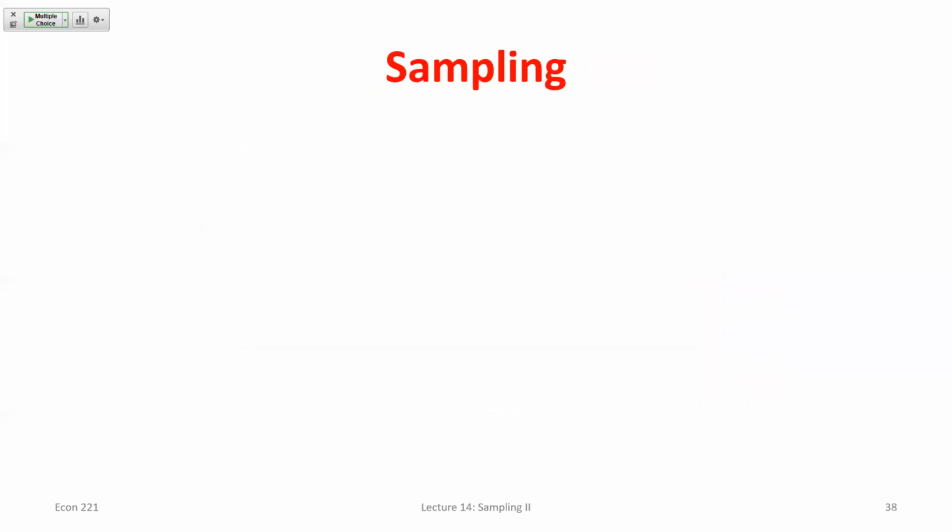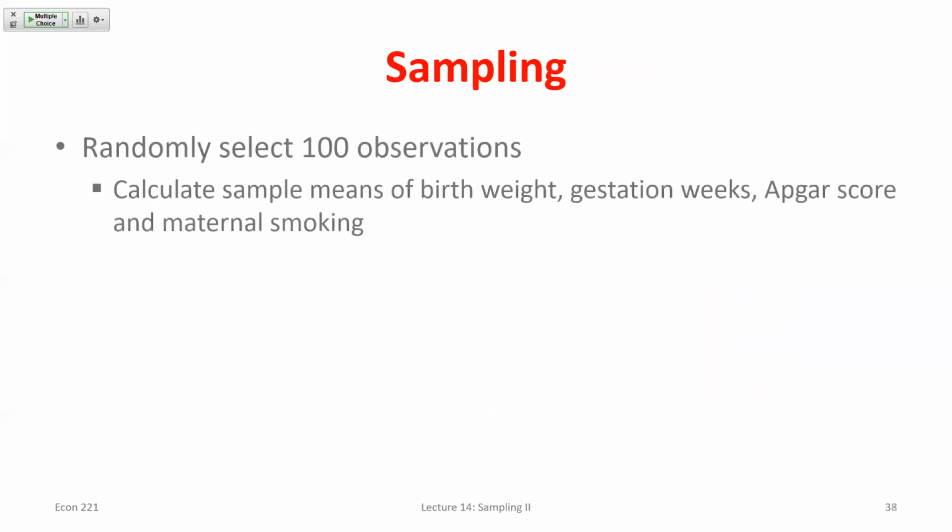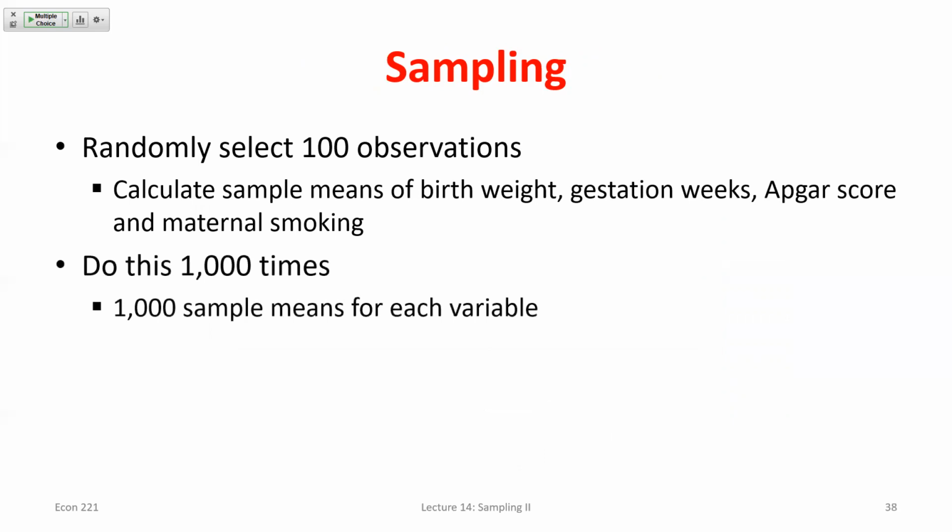So if we take a sample of size 100, I randomly select 100 births. I then calculated from that one sample of 100 births, mean birth weight, mean gestation, mean APGAR score, and mean maternal smoking. Right? I then did this 1,000 times.